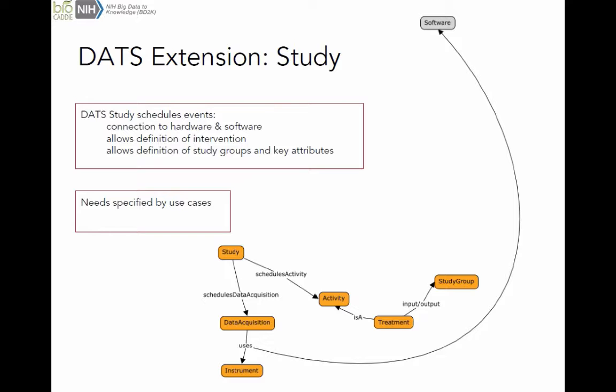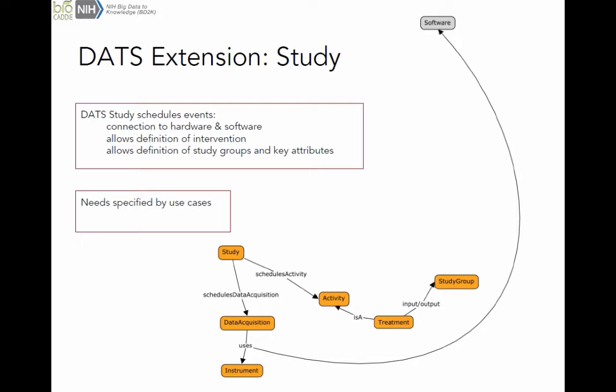A study also defines or schedules a data acquisition process, which may be using an instrument, also software. And these are the kind of extensions that you may not need for capturing information, but as soon as you run into contexts where you have a longitudinal study or a clinical trial or any of these forms, meta-analysis, for instance, again, you need to be able to talk about those things, which may not be the case in other data sets that we discussed.